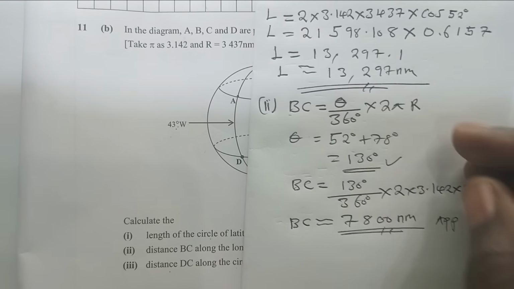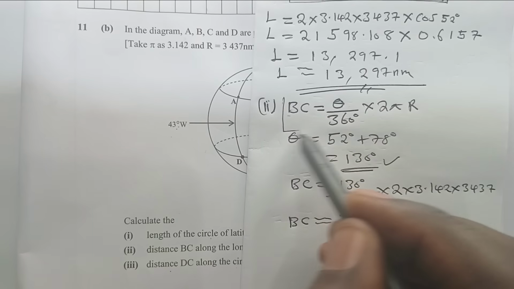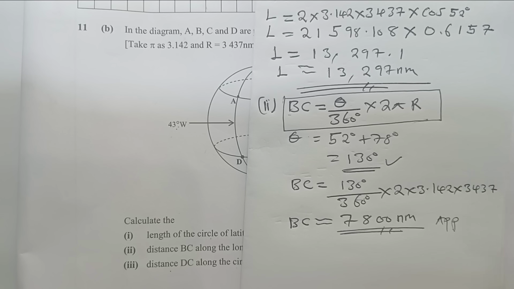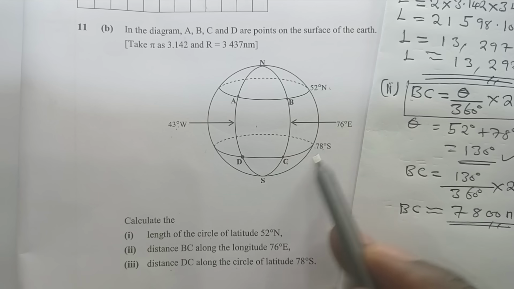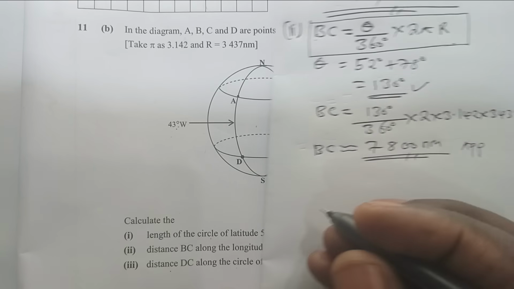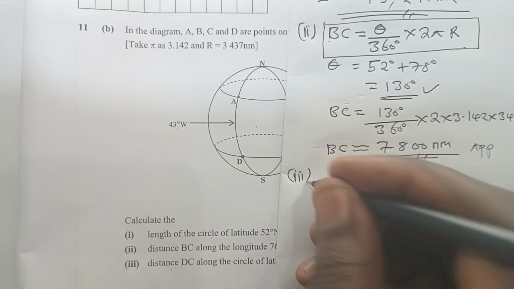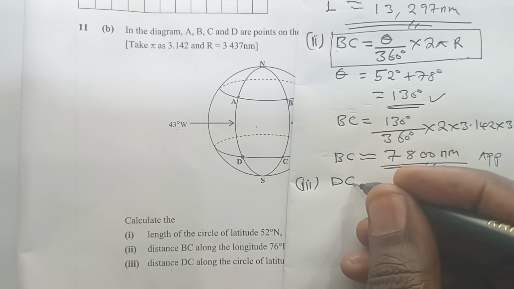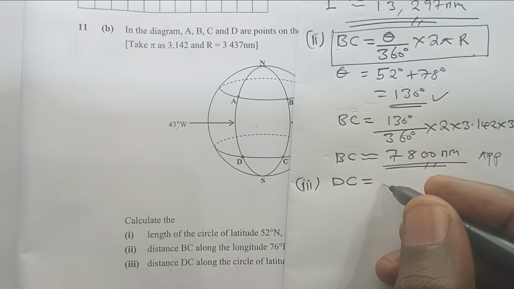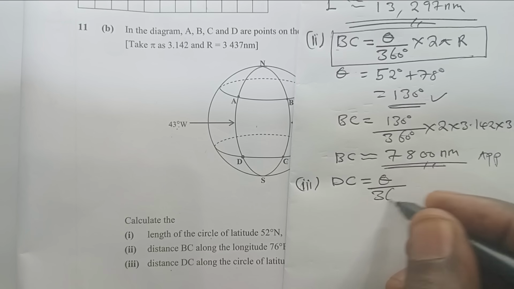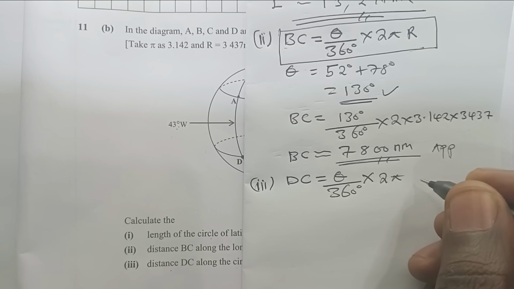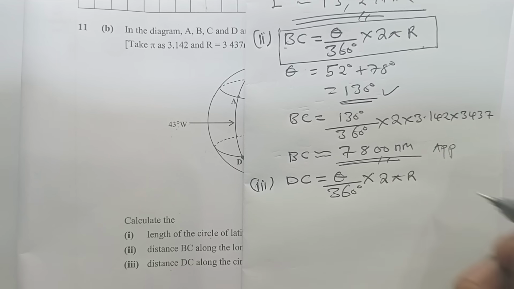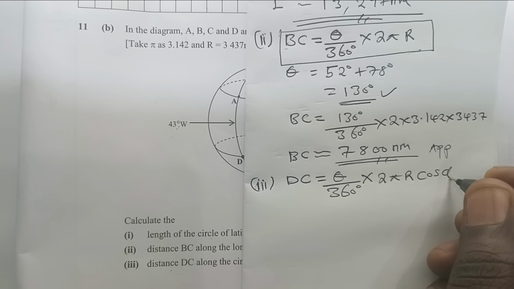So the formula that we are going to use will be a little bit different from what we used on the second part of the question, but the concept remains the same. DC is also a part of this complete circle. So for solution number 3, DC is equal to theta over 360 degrees times 2 pi r cos alpha.